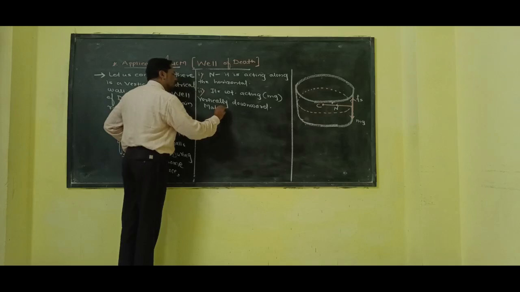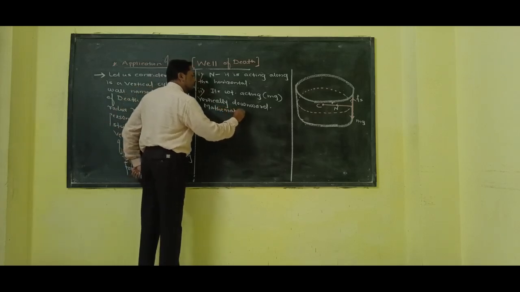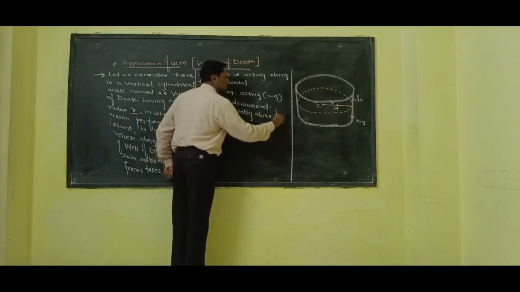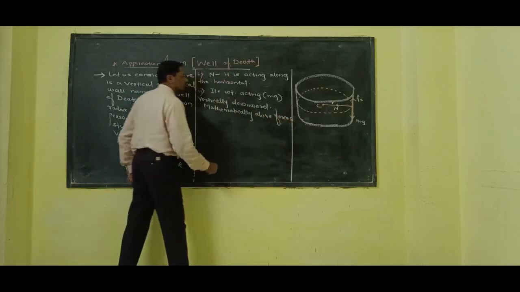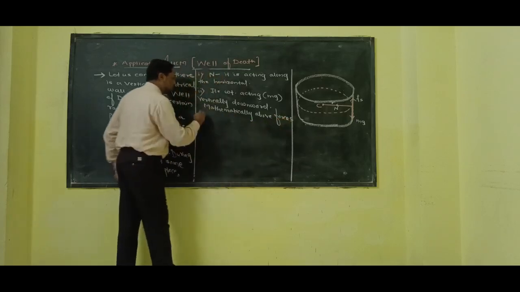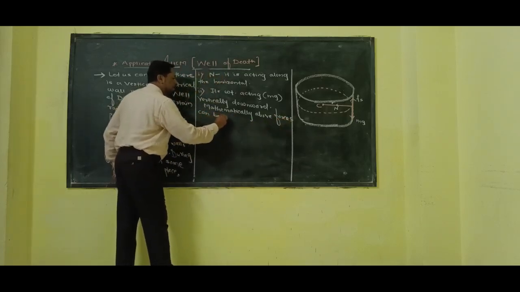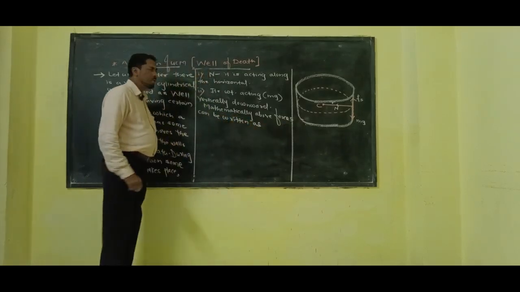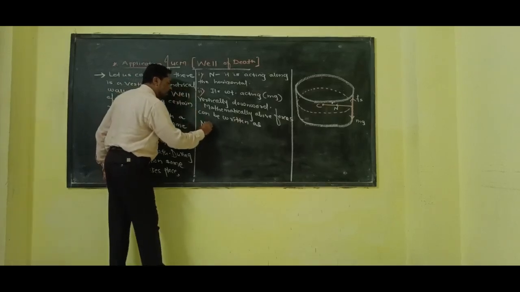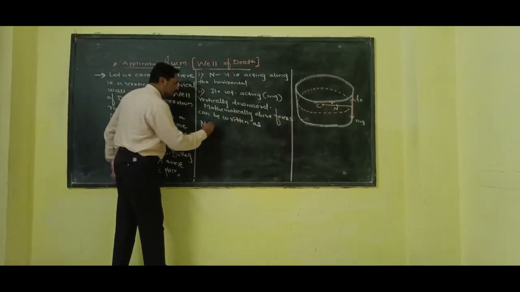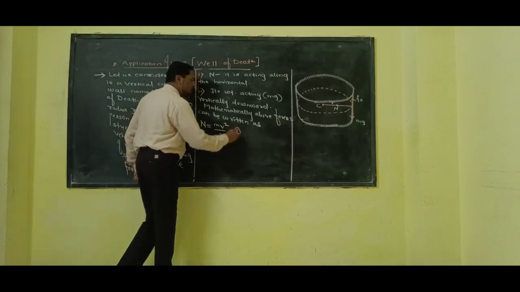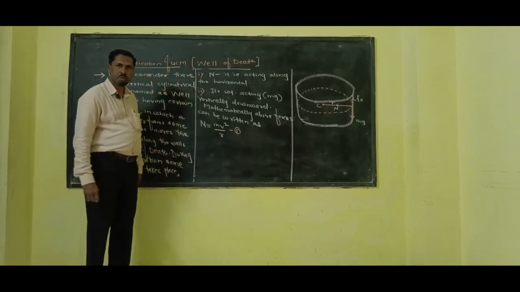Mathematically, the above forces can be written as follows. N, the normal along the horizontal, is useful for centripetal force, that is N is equal to mv square by r, equation number one.